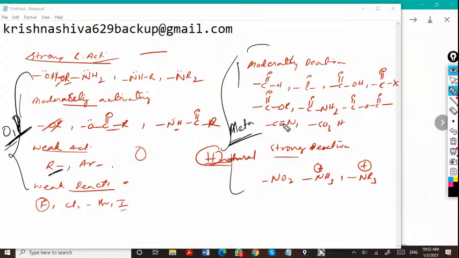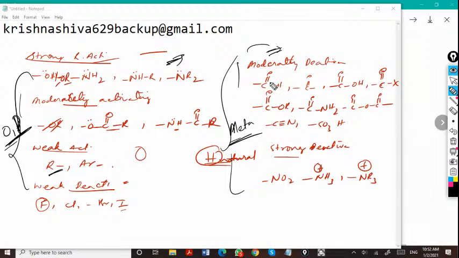At least one question will be there in your examination based on the directing tendency, or on the major product based on the direction of the group already present. So these are very important; you must note every functional group and its directing tendency. So how will we apply this?